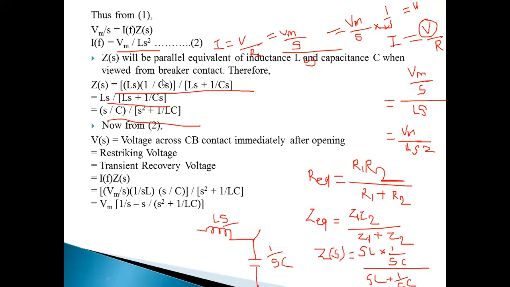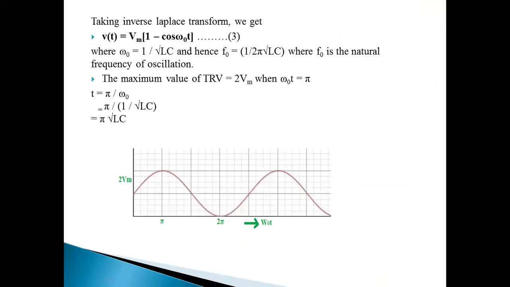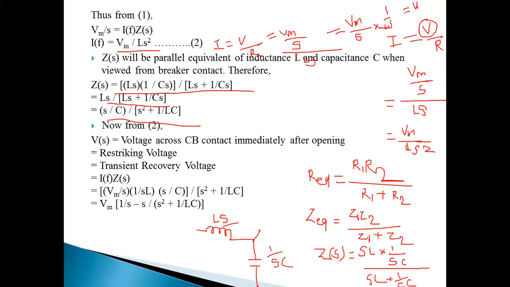So all of you noted this point. After that, V of S is equal to Vm into bracket 1 upon S minus S divided by S square plus 1 divided by LC.